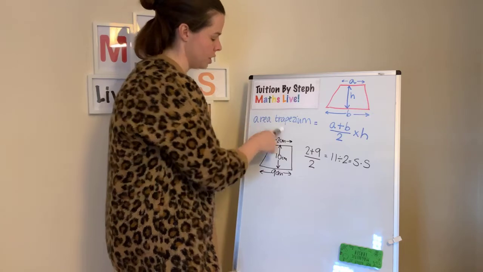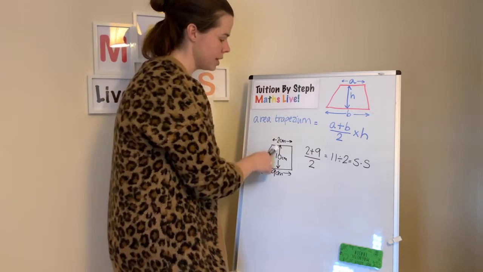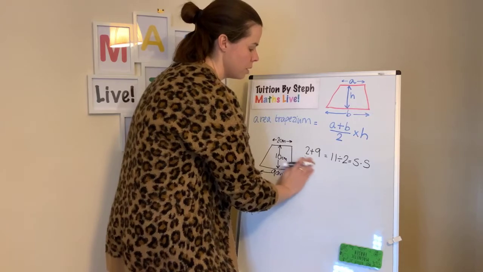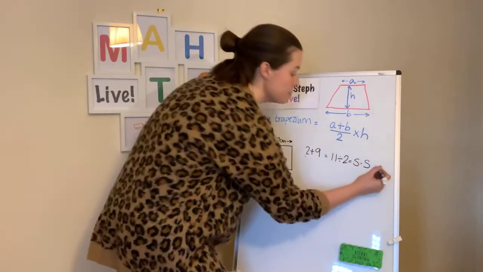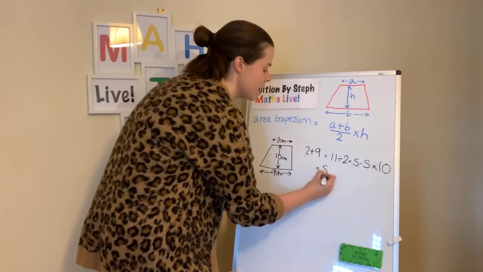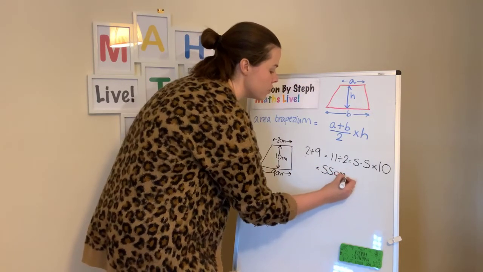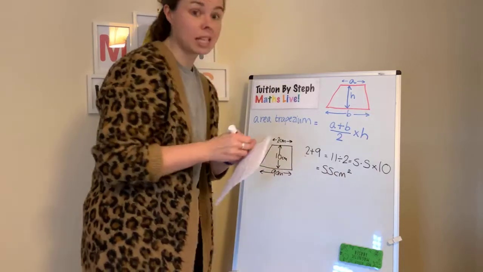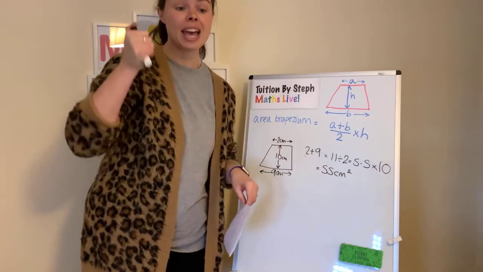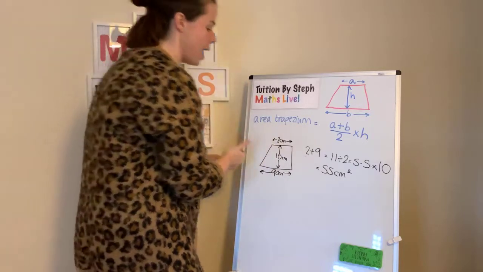Okay, so we've done top and bottom, 2 plus 9, 11. We're dividing it by 2, which is 5.5, and then we times it by the height. And 5.5 times by 10 is 55. So the area is 55 centimetres squared. Remember the centimetres squared. Remember to square it. It's area. If you find the area of a shape, it's something squared.